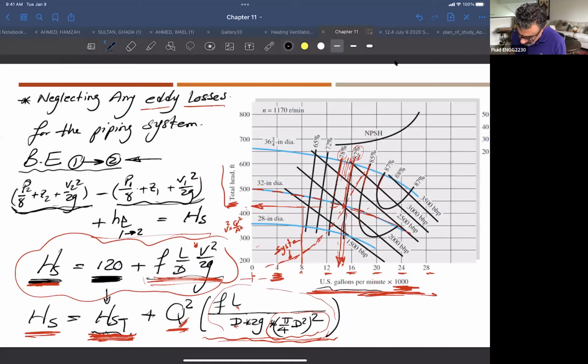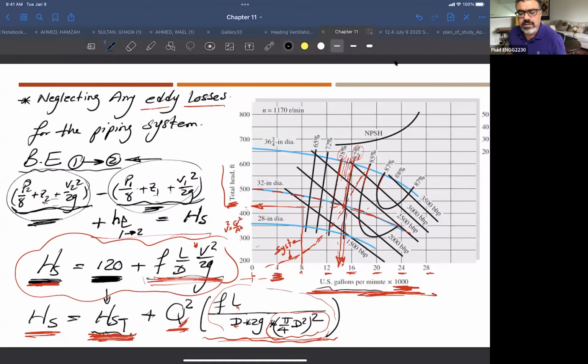These two terms here are the delivery side and the suction side, and the difference between these two will be the H static total, okay? Plus the losses equal to H of the system, okay?